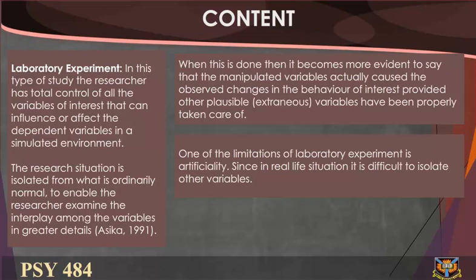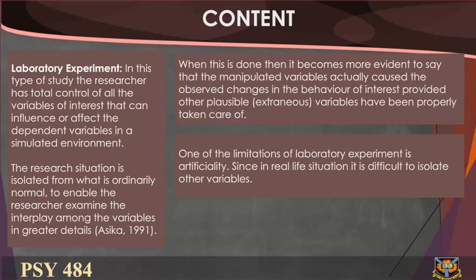Laboratory experiment. In this type of study, the researcher has total control of all the variables of interest that can influence or affect the dependent variables in a simulated environment. The research situation is isolated from what is ordinarily normal to enable the researcher to examine the interplay among the variables in greater detail (Asika, 1991).